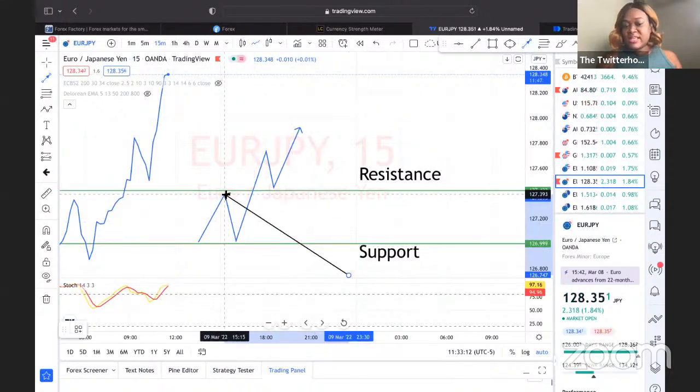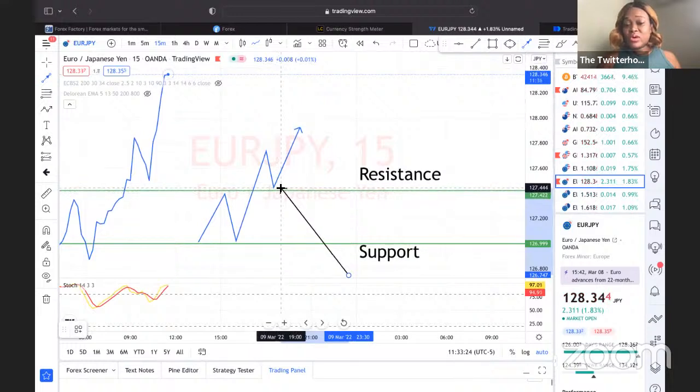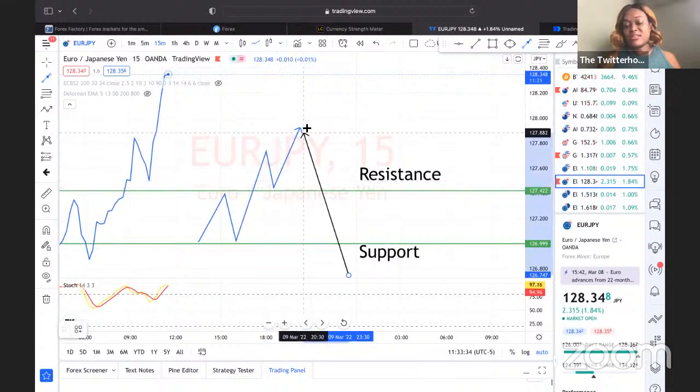This is the ceiling. But then when it breaks and retests, now the ceiling has become what? The floor. Resistance over here will now be support over here. And this is when it's okay to get in and take it up.